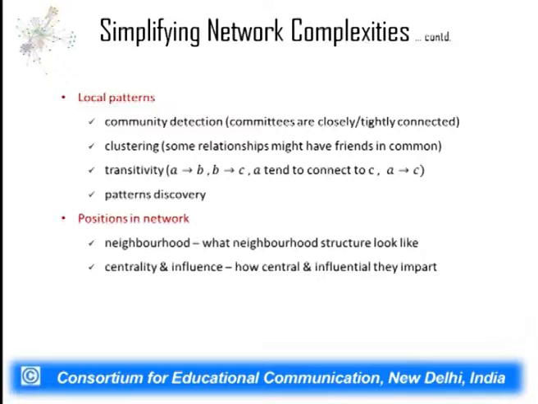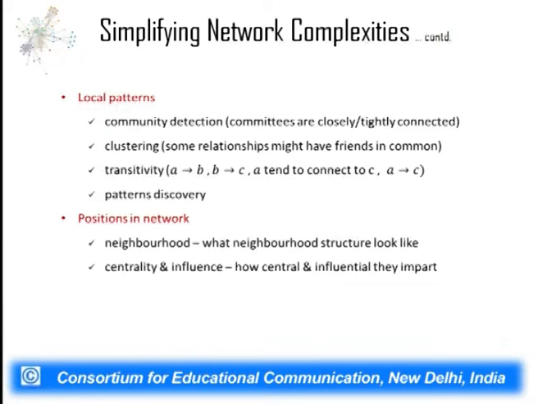Apart from this, the local patterns in the network can be known by analyzing different community detection methods. Which communities are closely or tightly connected, which are loosely connected, and which communities play a very important role in the network, etc. This can be done by checking what type of cliques, how many cliques there are in the network.